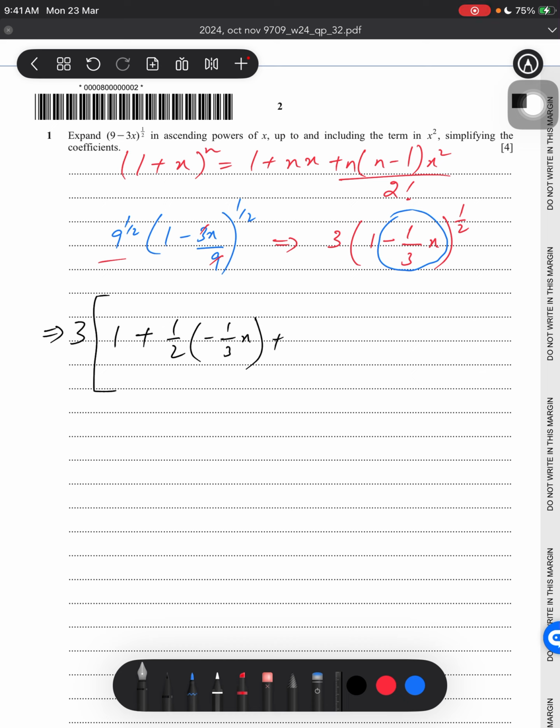The second term is the power, half, then half minus 1, and then x squared over factorial of 2. This would go on with unlimited factorials until the n terms are given. We don't have it, so we'll just write as it is.